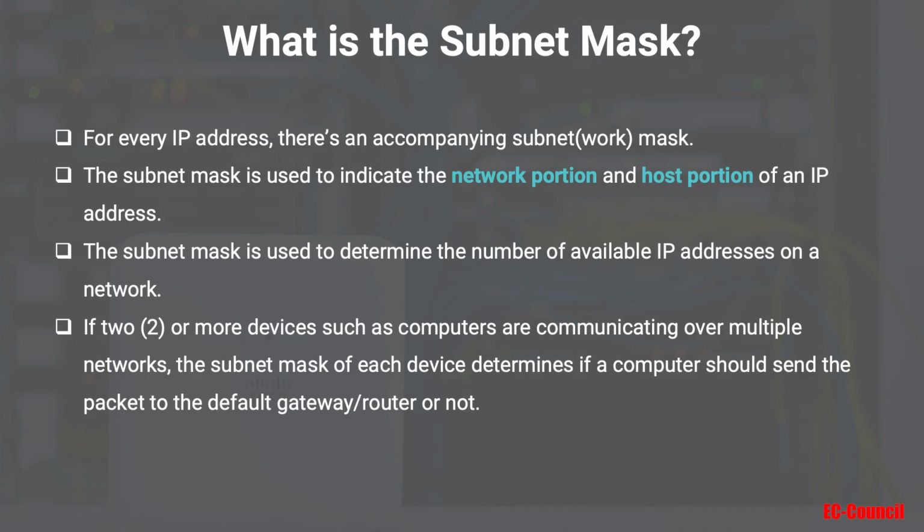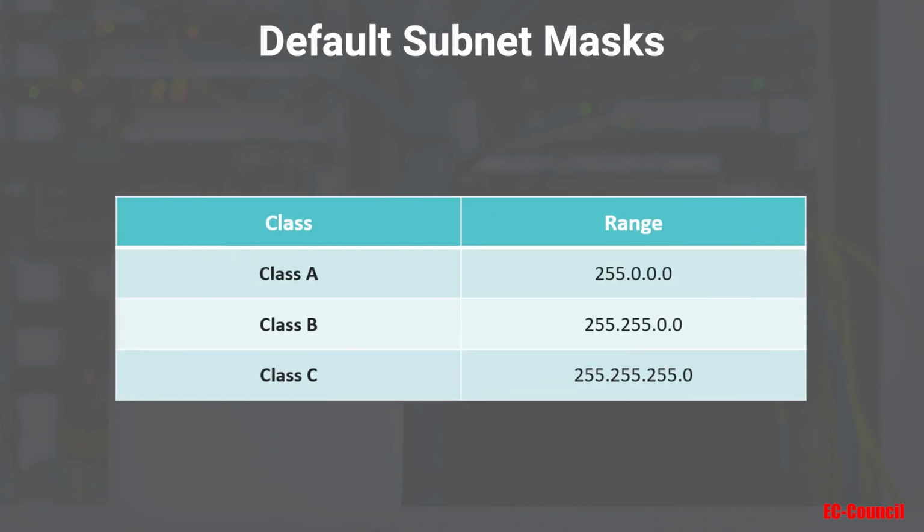So what if two or more devices, such as computers, are communicating over multiple networks? The subnet mask of each device simply determines if a computer should send a packet to a default gateway or not. So let's take a look at the default subnet masks. These here are the default subnet masks.